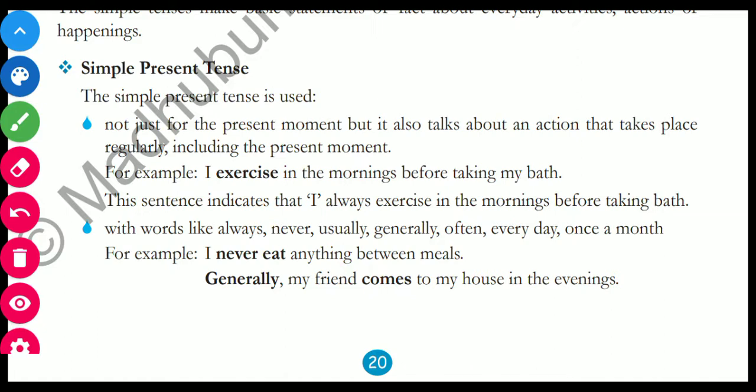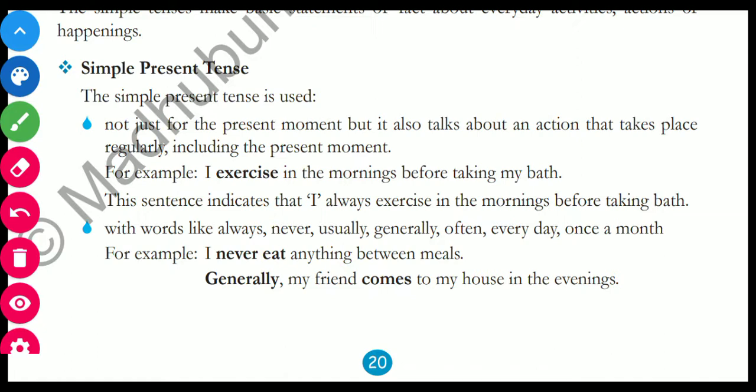It talks about the action which takes place on a regular basis, on a daily basis. Just like I take breakfast every morning. Every morning means that is your routine. The daily habit, the daily routine that we have, we take it under the consideration of simple present. Every day activities, going to school, having breakfast daily, all this comes under simple present tense.